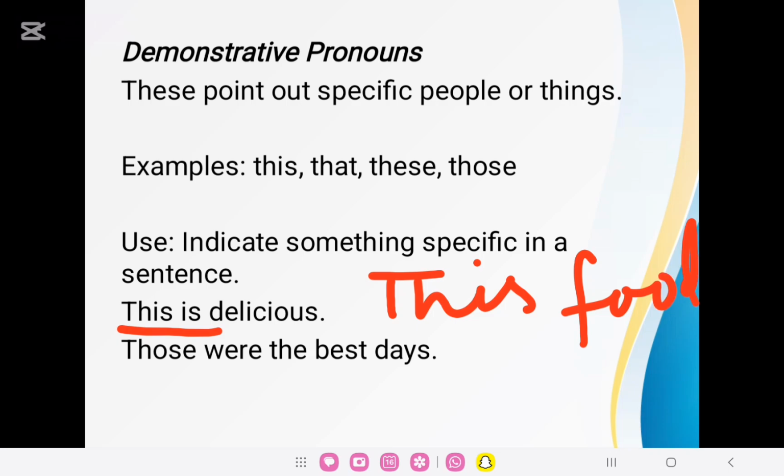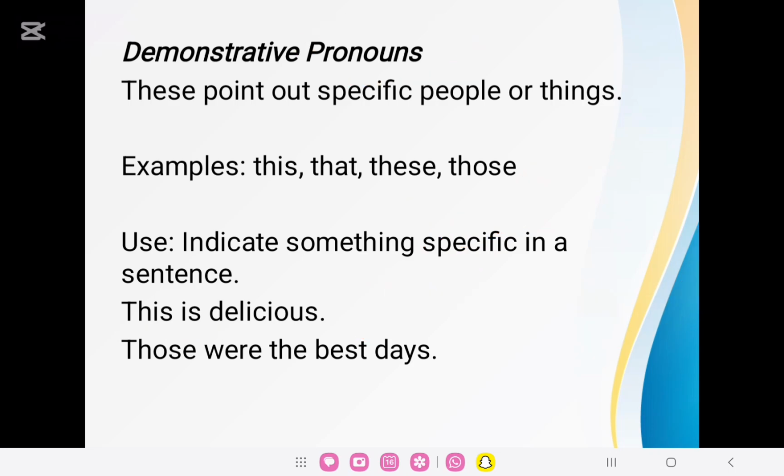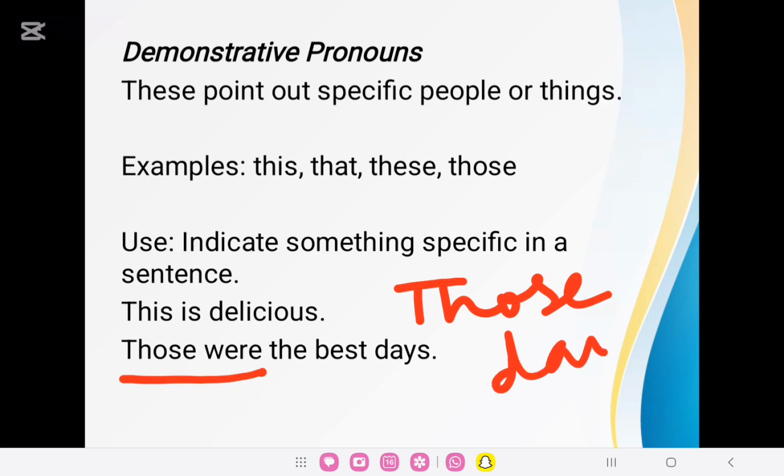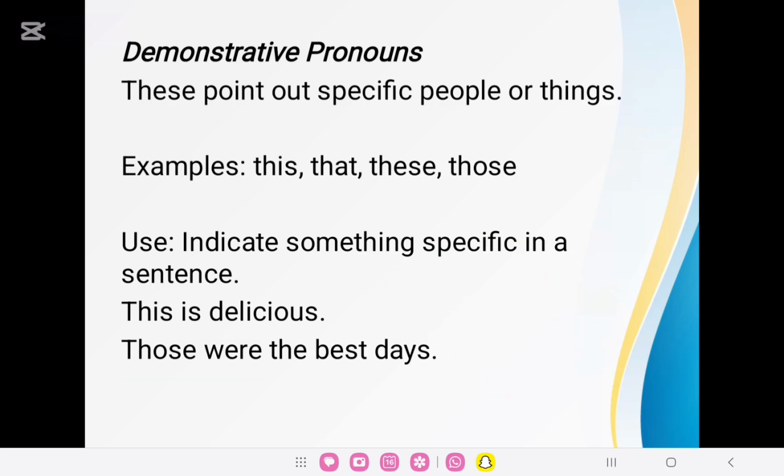If you have a noun after this, like this food is delicious, that means this is a demonstrative adjective. But if you don't have a noun, like this is delicious, then it is a pronoun. If you say those were the best days, then this is a demonstrative pronoun. If you write it like this, those days were best, then those becomes a demonstrative adjective. But here it is a demonstrative pronoun: this and that, those and these.